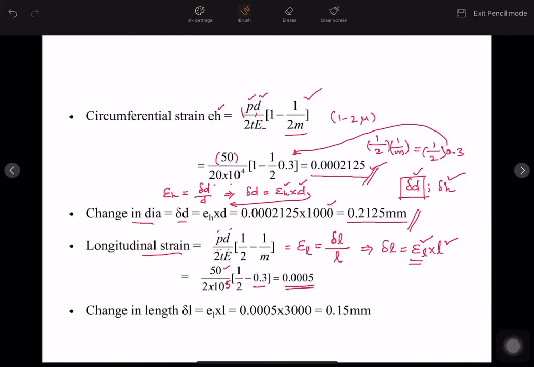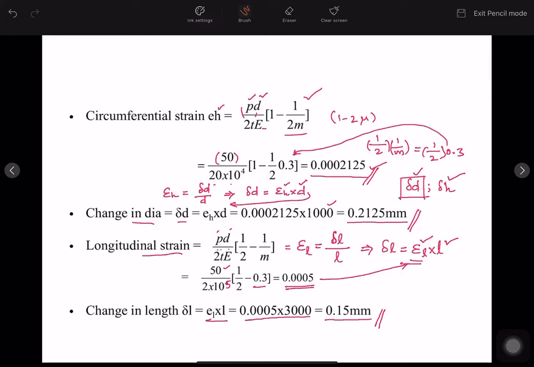This is epsilon L, and if we multiply this value by the length of the cylinder, which is 3 meter or 3000 mm, we will get a change in length of 1.5 mm.